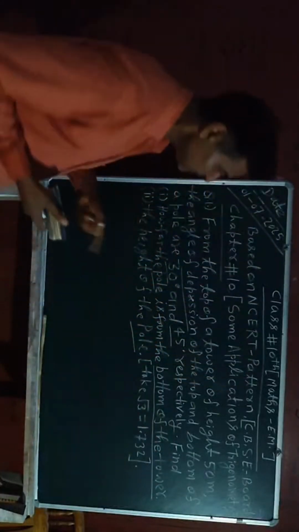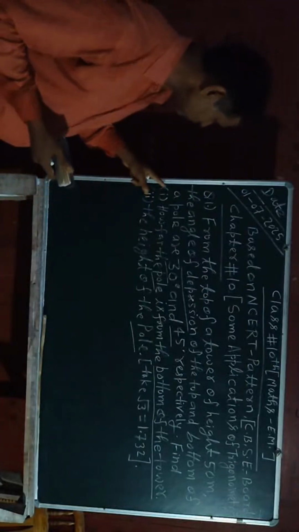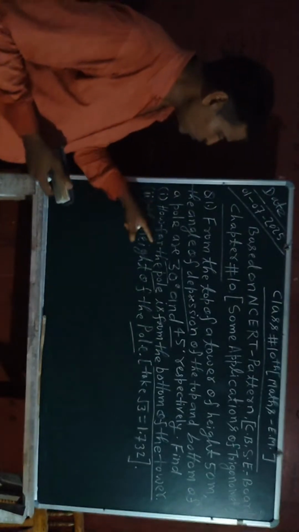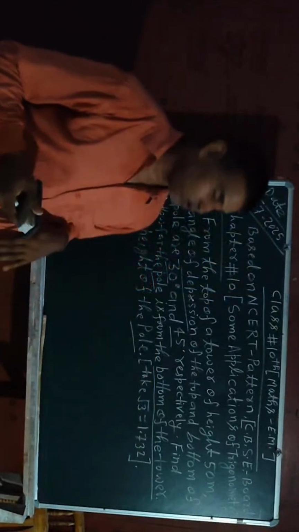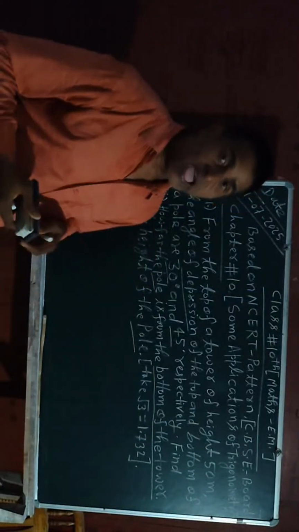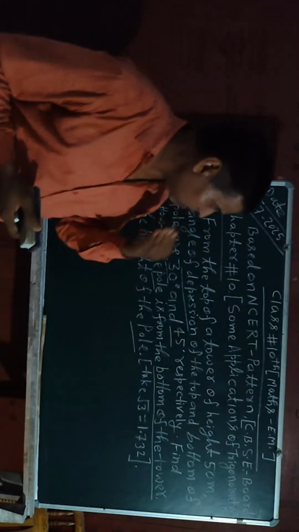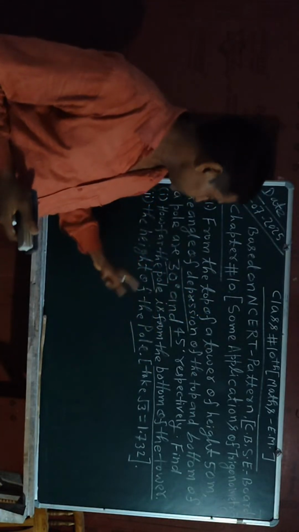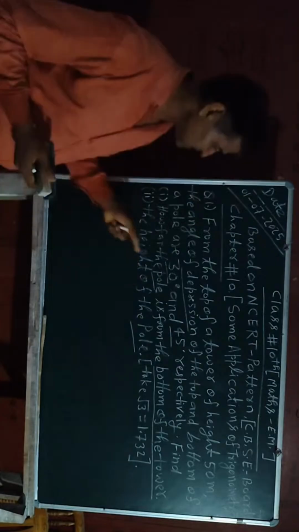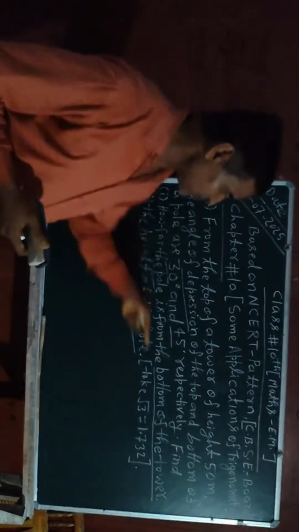Now here we have to find two things. The first is how far the pole is from the bottom of the tower. So I will draw one tower and also one pole, and then I will draw the given information there, and then we will find the distance between the bottom of the pole and the bottom of the tower.